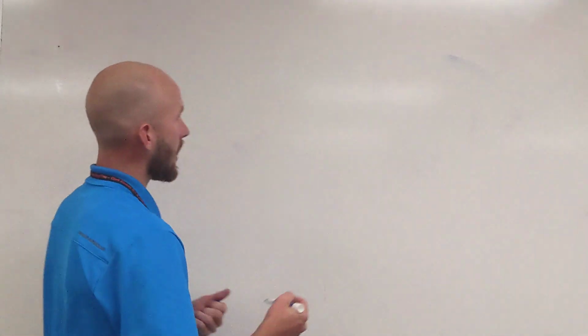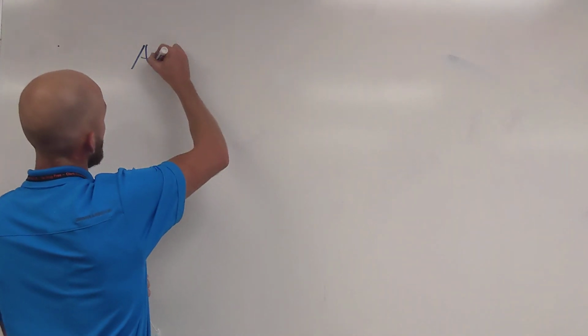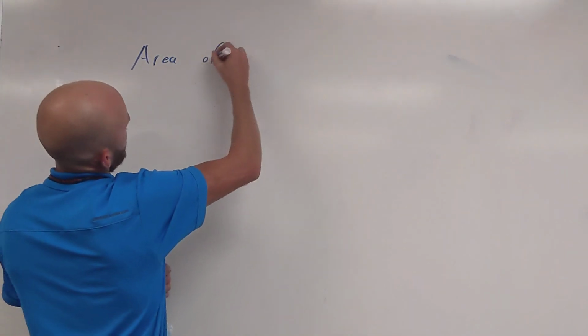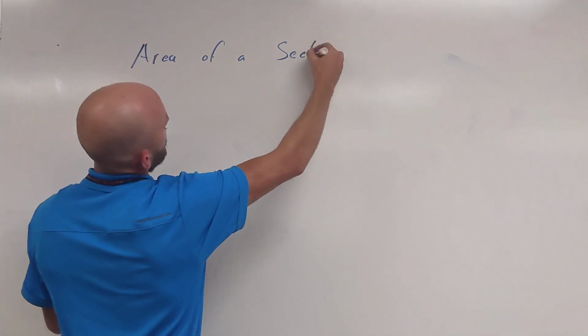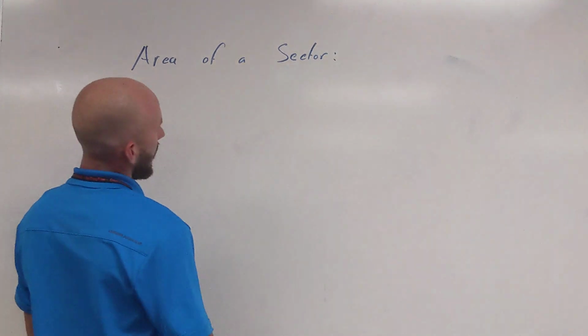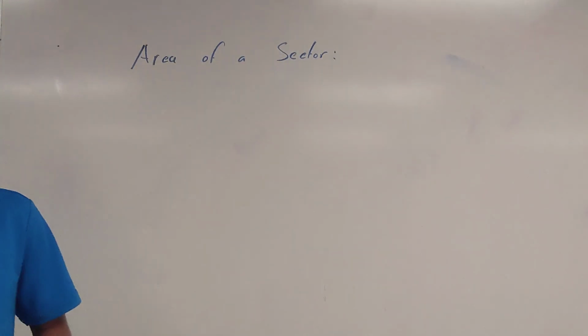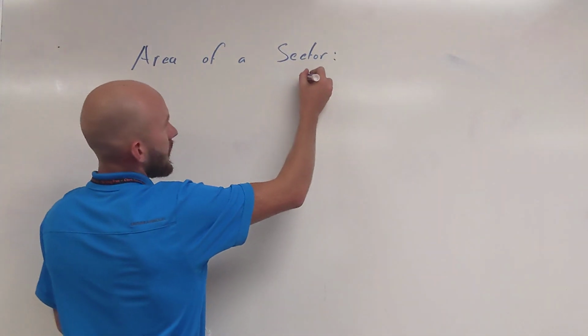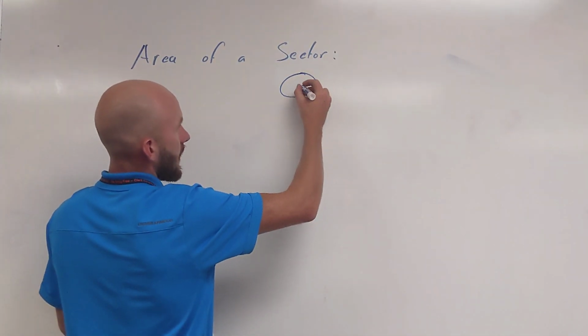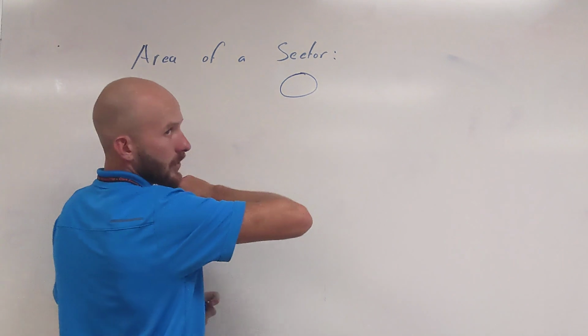The next part, we're going to transition here to talking about the area of a sector. So we're moving on from arc length. Okay. And again, a sector is just like a fraction of the area of a circle.